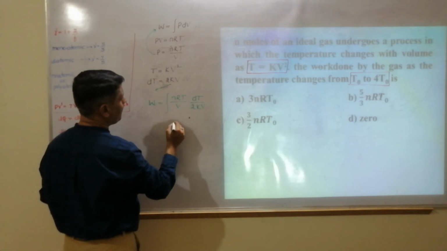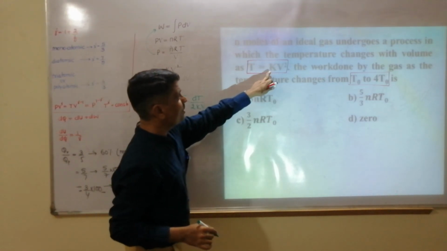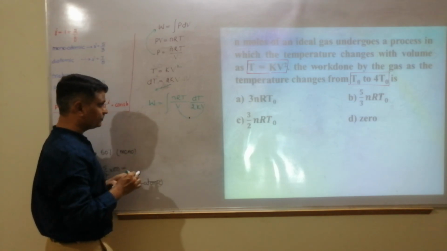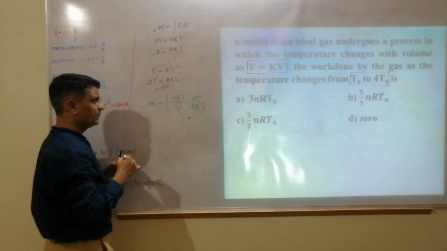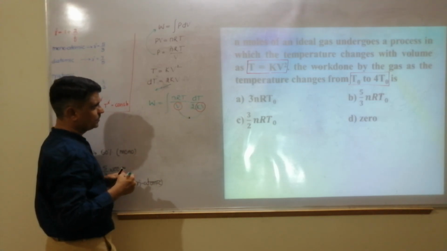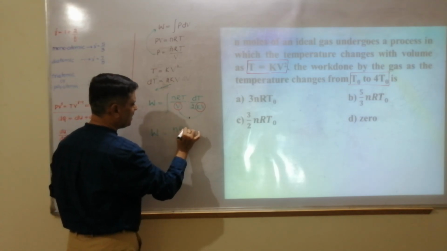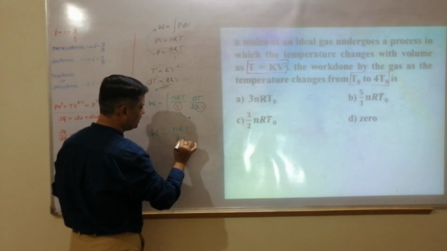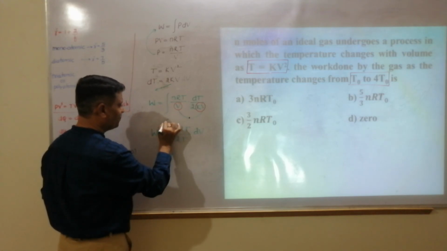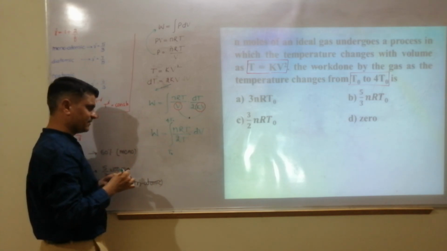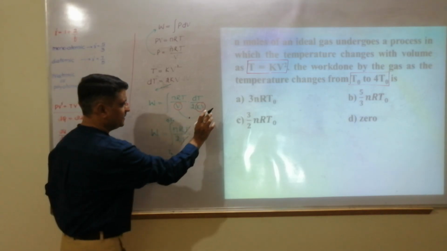But we know that V into V is V square, and kV square is nothing but T. Hence, instead of this much, I can put T. So W can be written as the integration of nRT divided by 2T dT. Here T varies from T0 to 4T0. Hope you can simplify yourself. Here this T and this T get cancelled.